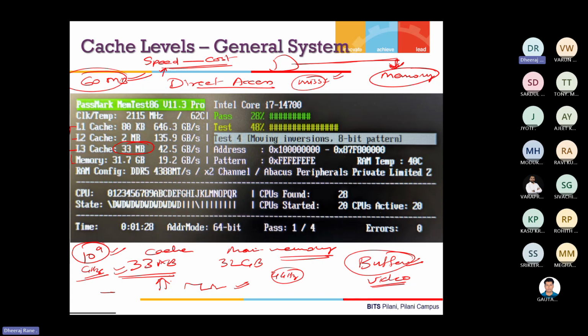Whatever speed the processor declares, we can do justice to that speed with the required cache sizes, because L1 and L2 reside on your processor cores, and L3 is common to them. So to balance these two trade-offs, speed and cost, the manufacturer decides the size of the L1, L2, and L3 cache.